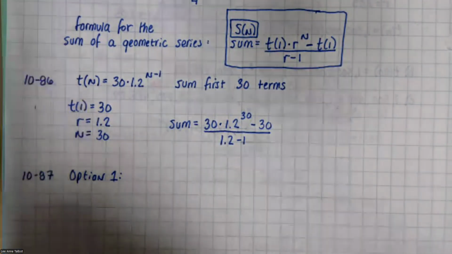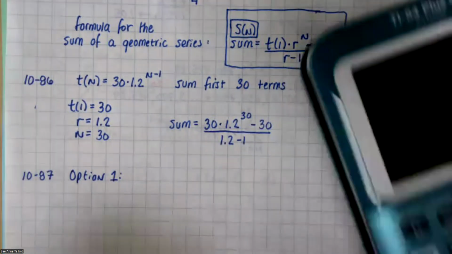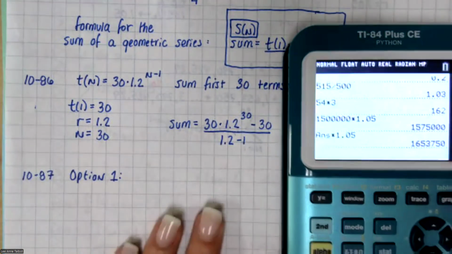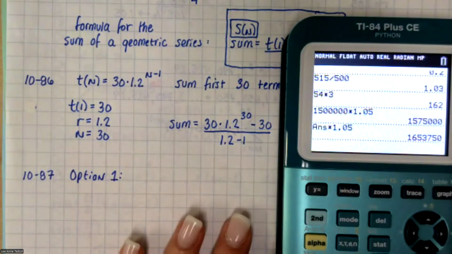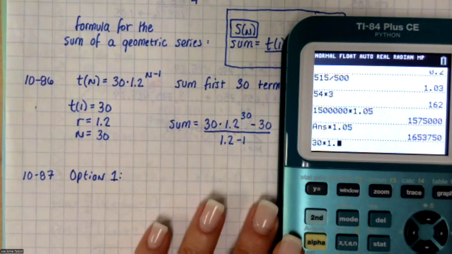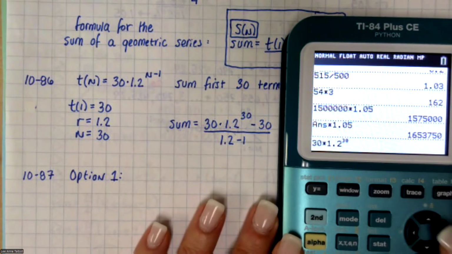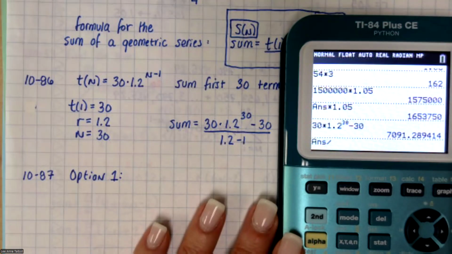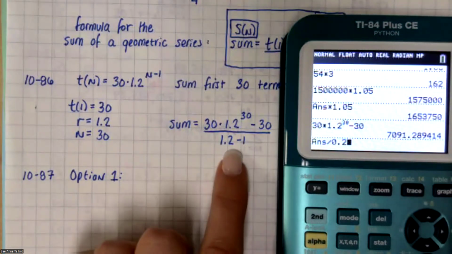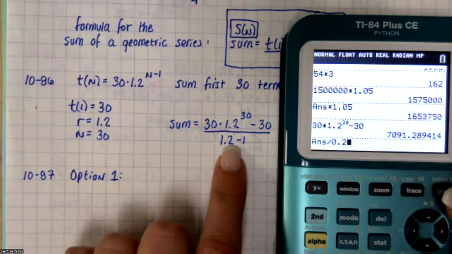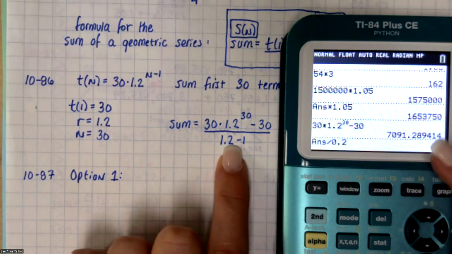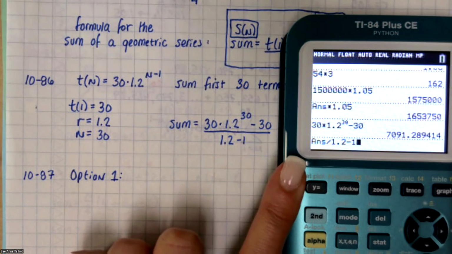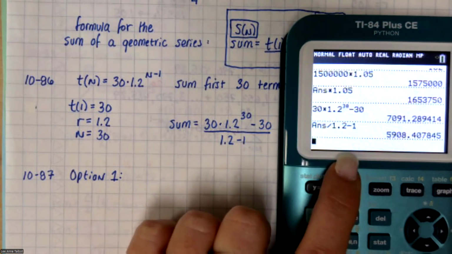Okay, you have to be very careful on the calculator. I would not do this in one swoop. You can, if you really want to use a lot of parentheses, that's totally okay. Notice I did the subtraction already because if you do divided by 1.2 minus 1, this is incorrect.